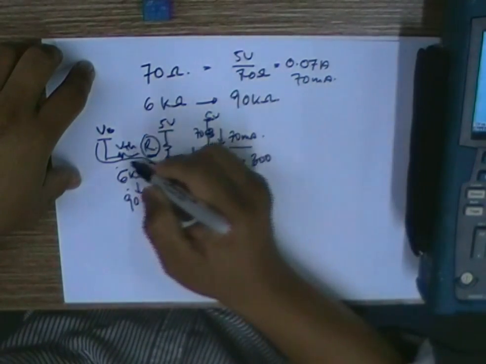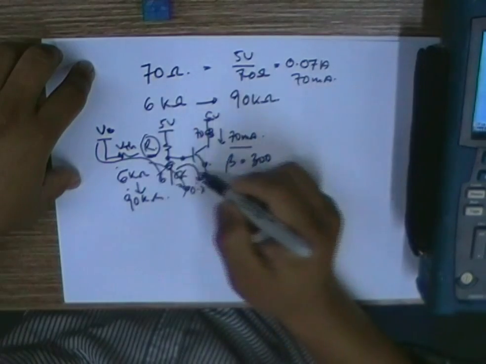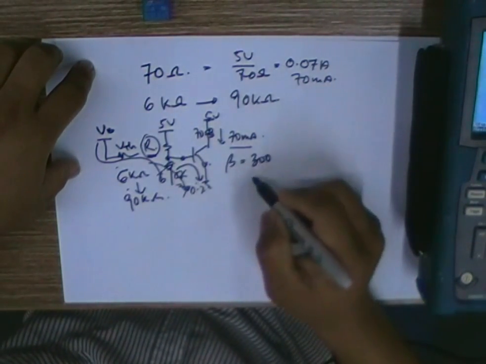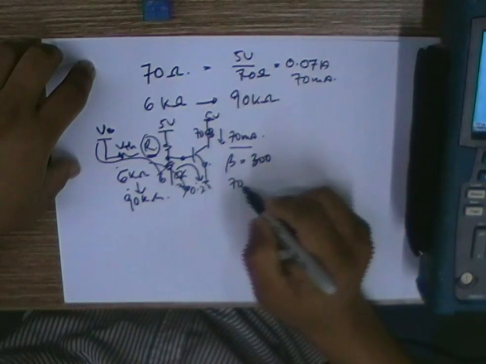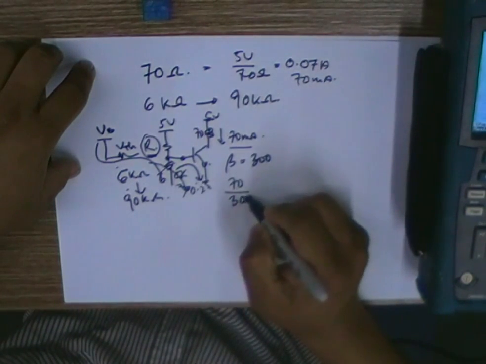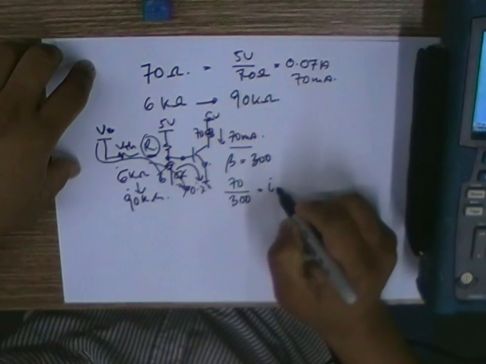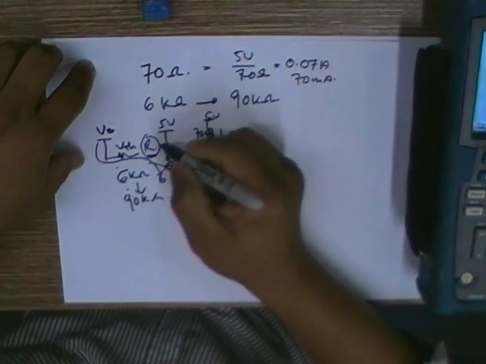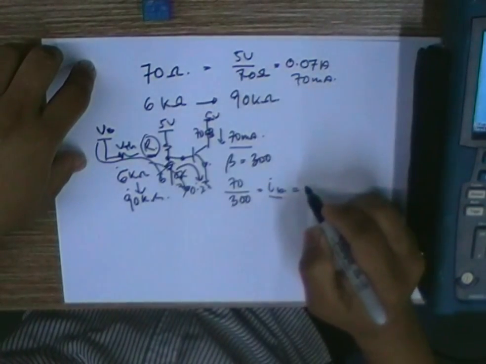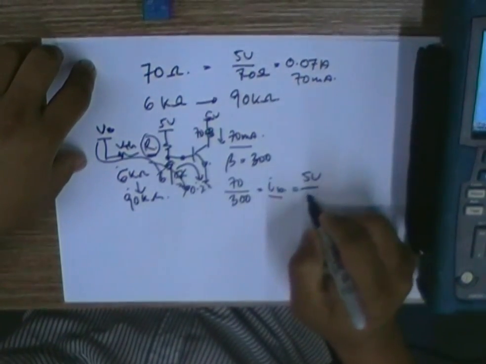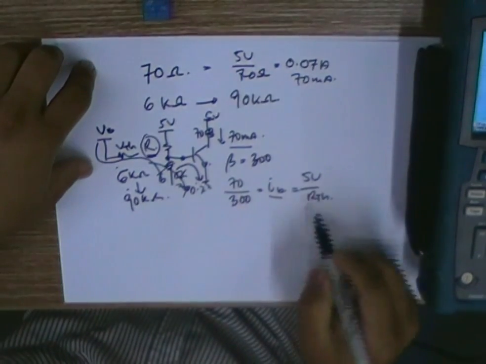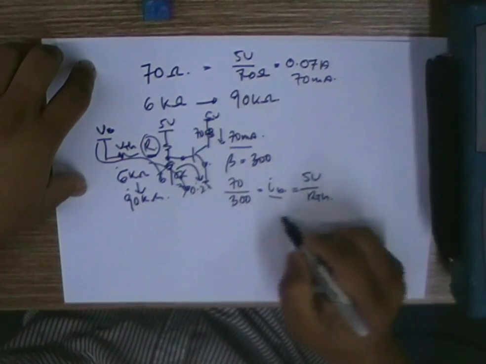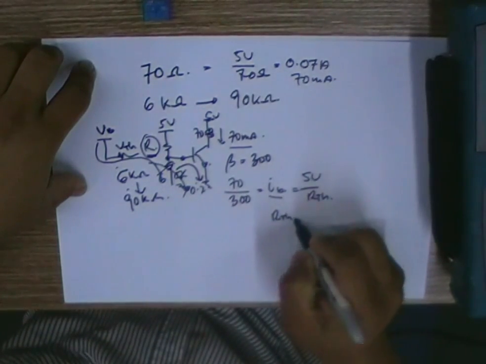So you can estimate what your IB is going to be: 70 milliamps divided by 300. This IB is 5 volts divided by R Thevenin, and you will have your R Thevenin.